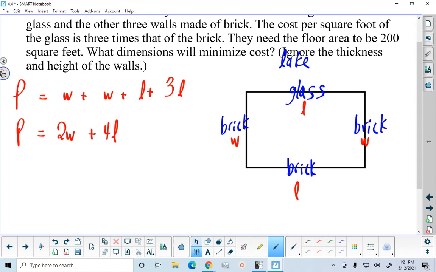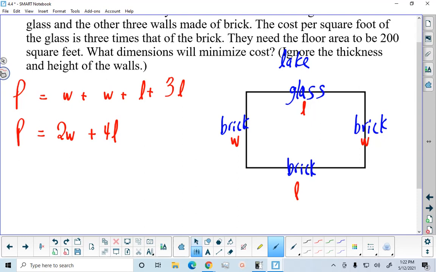So if I were to include the height as part of my cost calculation, there would be a constant multiplied to every term. And the derivative of a constant times a function is the constant times the derivative of the function. So we don't need to worry about that. It's the same with the thickness.